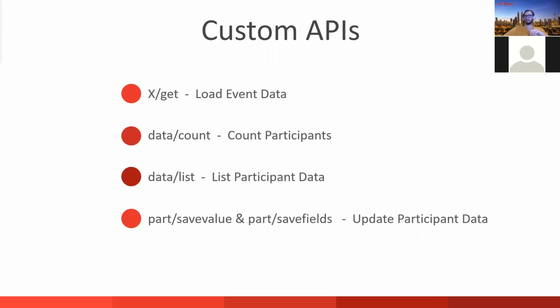Now this is pretty much the same as the counter, but a bit more flexible. We have data list, which sounds like it's going to be an output list, but it's not. You'll see, don't worry. That lists participant data. We then also have part/savevalue, so participant save value, and participant save fields. And these are used to update or insert participant data.